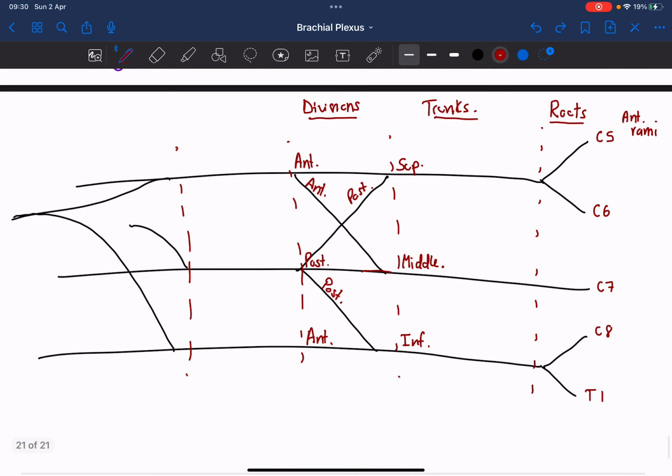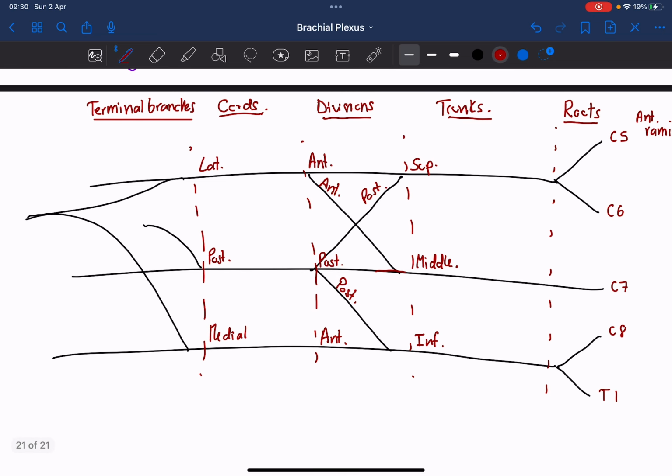And then finally we have the cords, which are then followed by the terminal branches. Of cords, we have three cords: the lateral cord, the posterior cord, and the medial cord. And of terminal branches, we have five terminal branches.